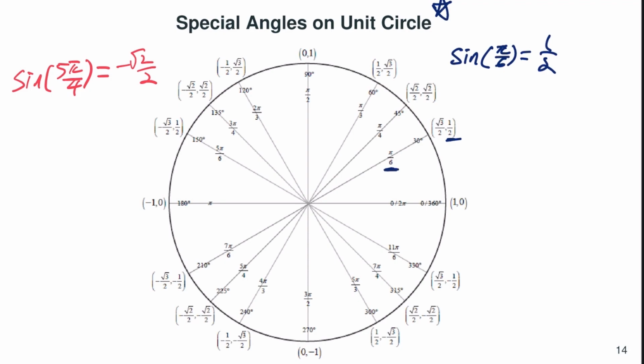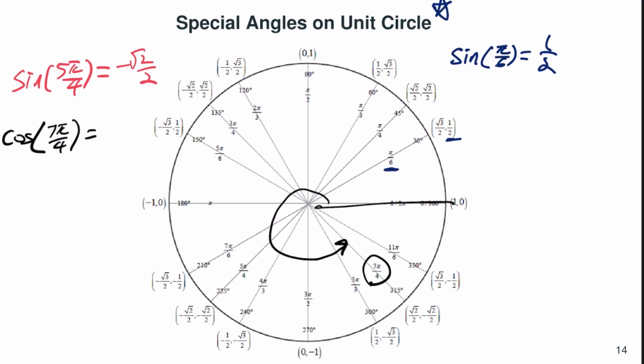Let's do one example of cosine. What is cosine of 7 pi over 4? Well, 7 pi over 4 is here. So here's this angle, 7 pi over 4. There's a terminal ray that ends here. Cosine is asking for the horizontal distance from the vertical radius.